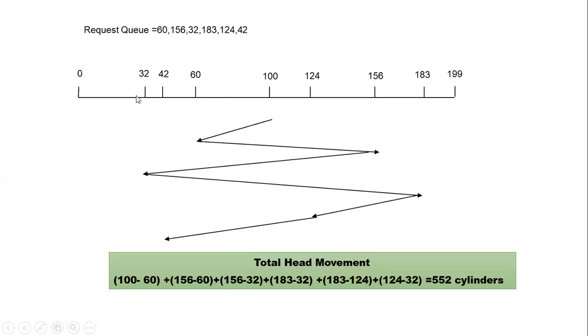From 32, it moved to 183, so 183 minus 32. From 183, it moved to 124, so 183 minus 124. From 124, it moved to 42, so it is 124 minus 42. So a total of 552 cylinders it moved.